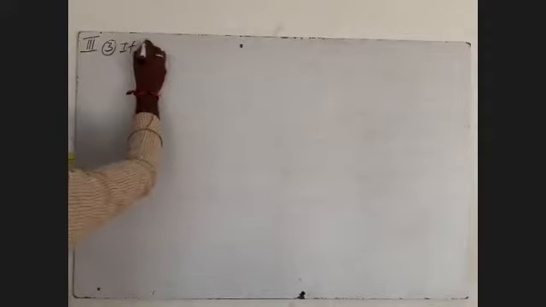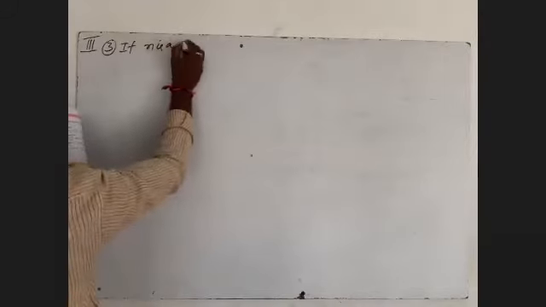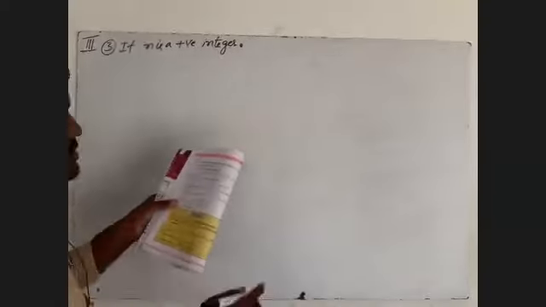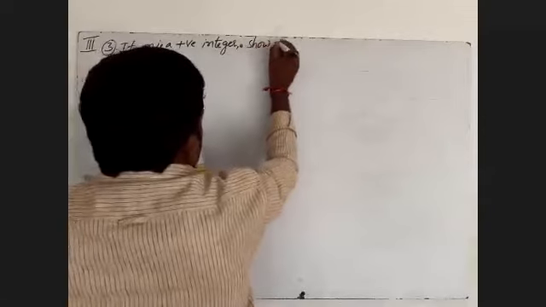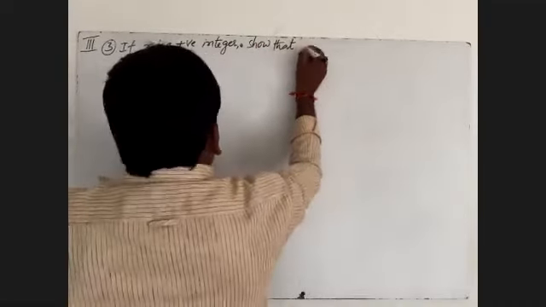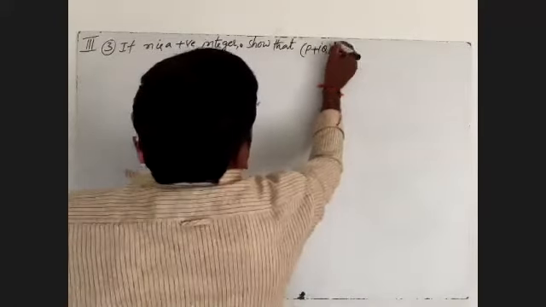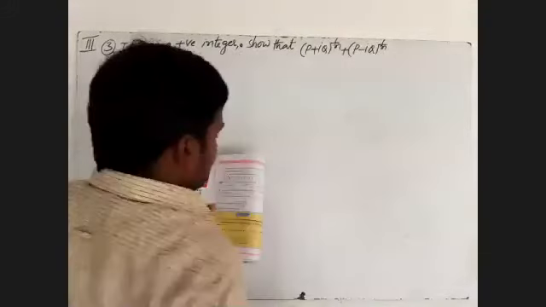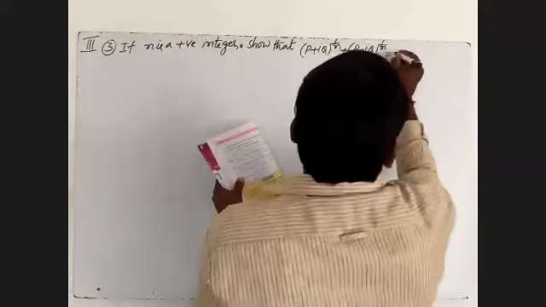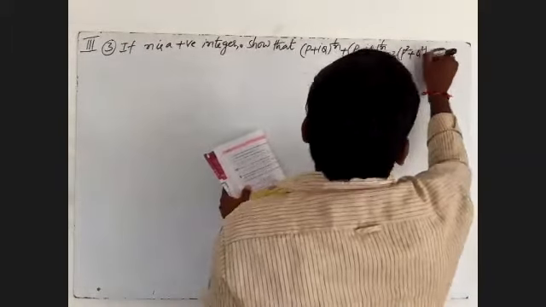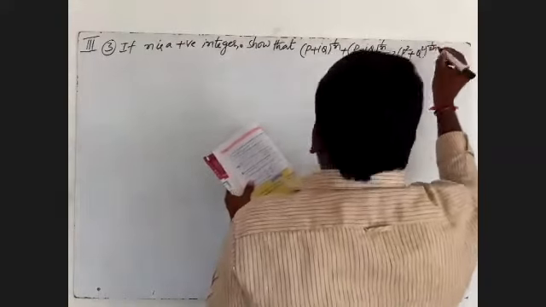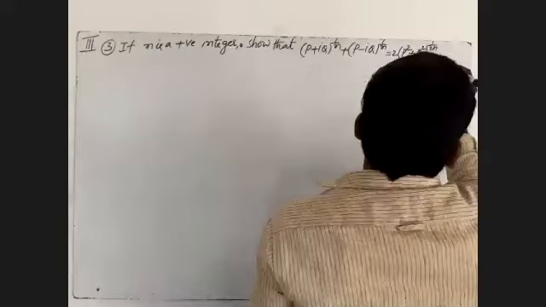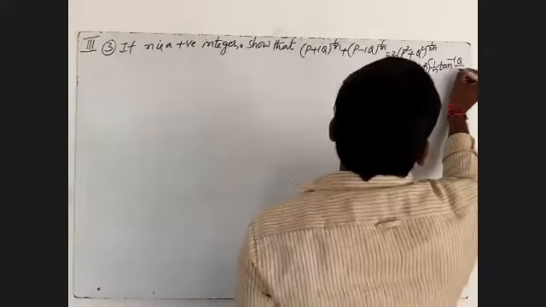If small n is a positive integer, show that p plus iq whole power 1 by n plus p minus iq whole power 1 by n is equal to 2 into p square plus q square whole power 1 by 2n into cos of 1 by n tan inverse q by p.